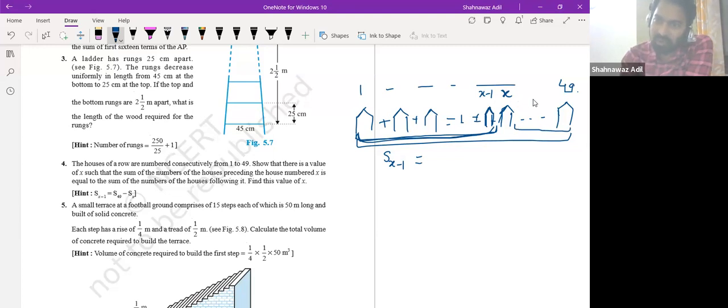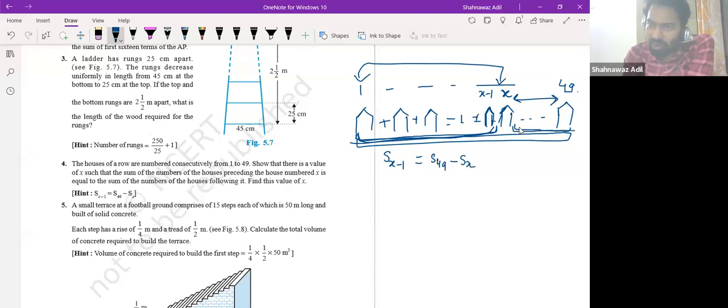So from here to here, we have to find the sum. How can we calculate the sum from here to here? S49 minus Sx. If we calculate the sum from 1 to 49 and then subtract the sum up to here, we get the sum following this house.